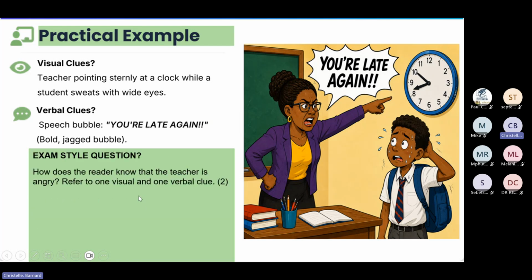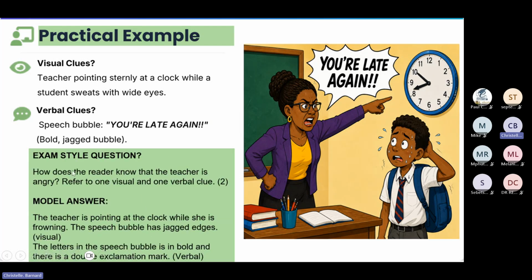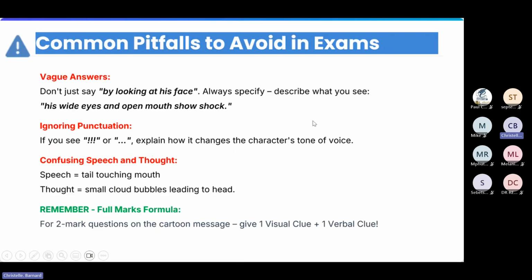And then also a question that could be asked in the exam: how does the reader know that the teacher is angry? Refer to 1 visual and 1 verbal clue, right? So you can say the teacher is pointing at the clock, she is frowning, her hand is on her hips. That is the visual clue. And the verbal clue is she is shouting, it's in a jagged speech bubble, there are 2 exclamation marks.